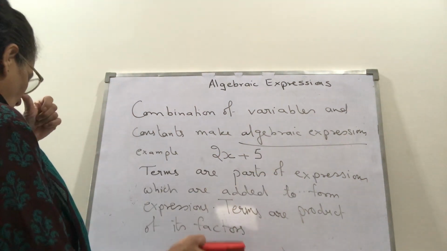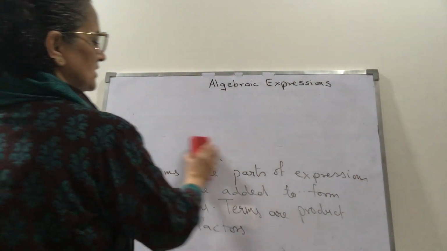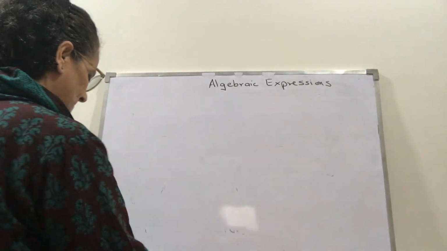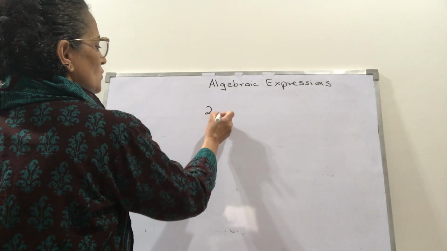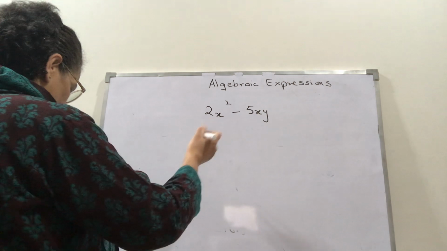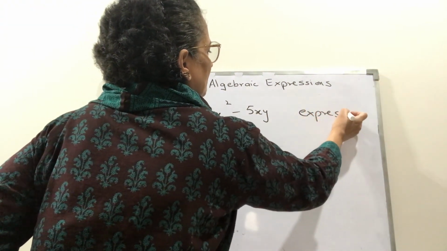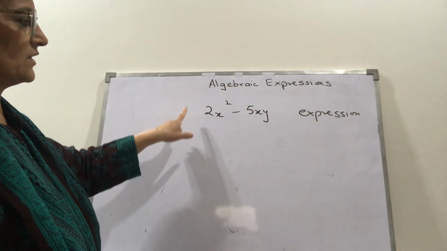Let's take another example and then we talk about the tree diagram for expressions. So 2x square minus 5xy, and this is my expression. Right? So let's recall the definition.